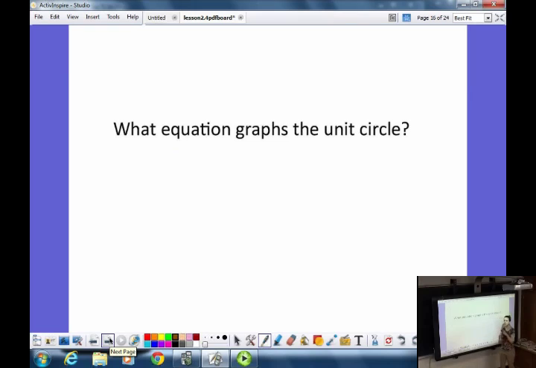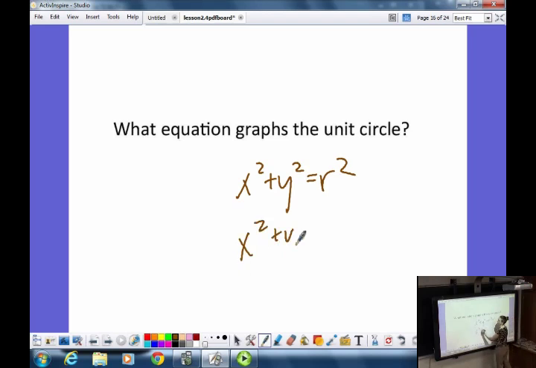So what equation graphs the unit circle? What's the general equation for a circle? X squared plus y squared equals r squared. But what's the radius for the unit circle? 1. So it's just x squared plus y squared equals 1, because 1 squared is 1.